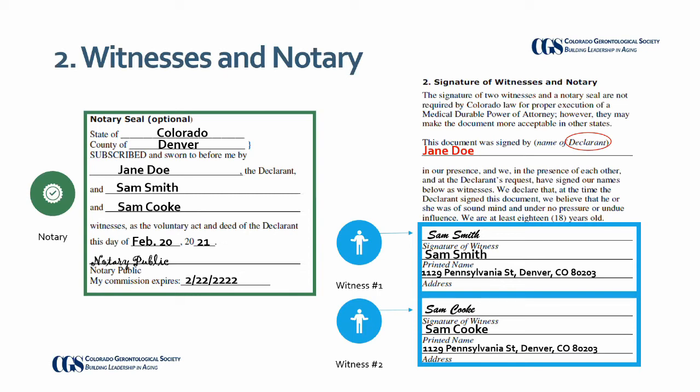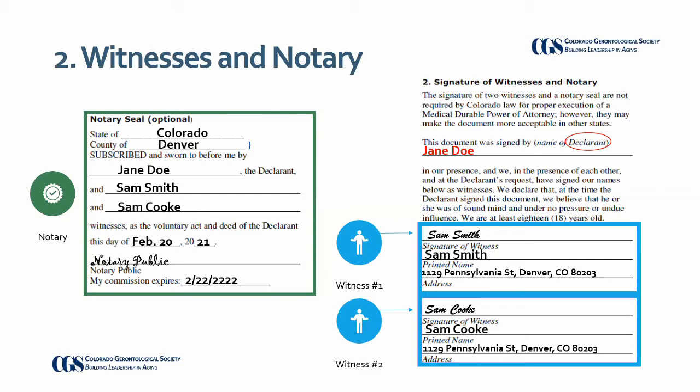And basically the way that it's completed, it's based on where the location of where the form is signed. So in this case, it's the state of Colorado. We're using Denver County because that's the county that the society is in. The declarant is Jane Doe.